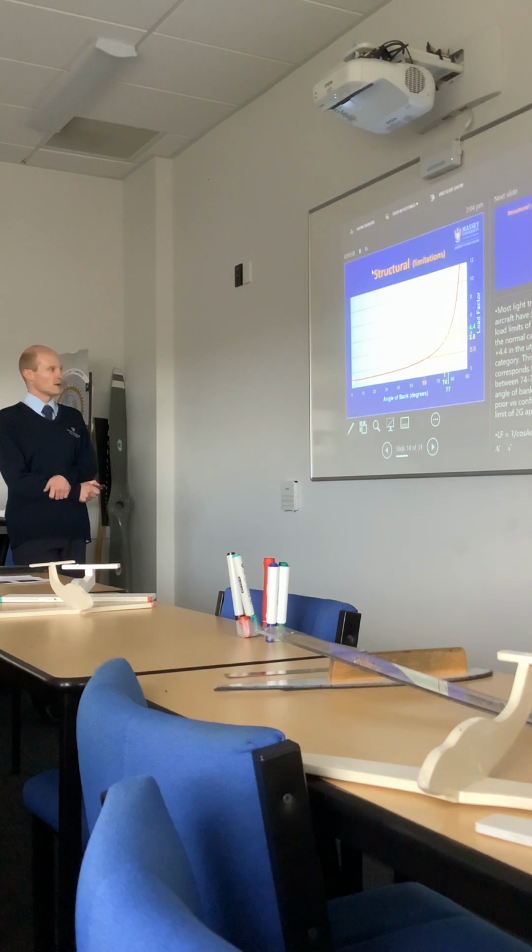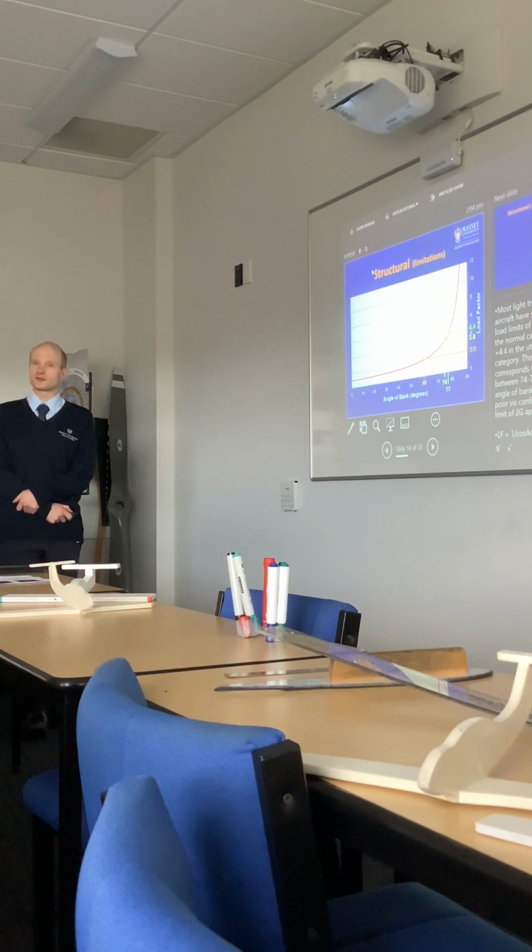So look, we've had to go all the way from 0 to 60 degrees to get a load factor of 2. And then just a further increase of only 14 degrees has almost doubled that load factor. By the time we get to 77 degrees, only an extra 17 degrees angle of bank, we have more than doubled the load factor.